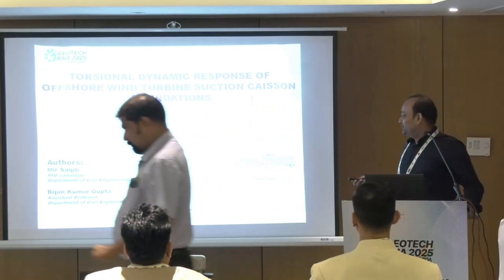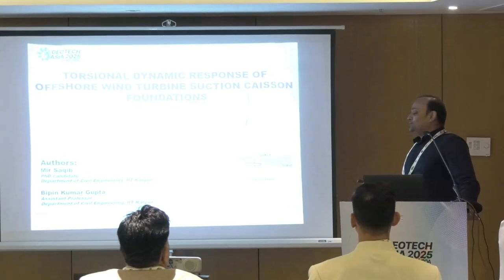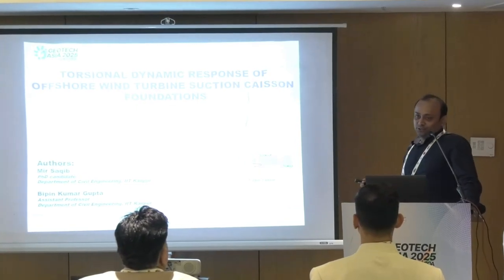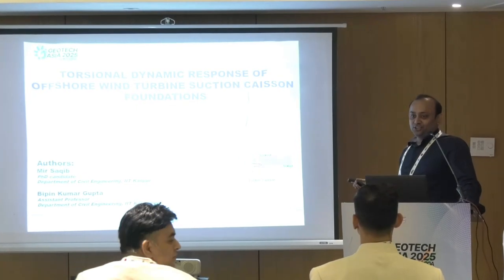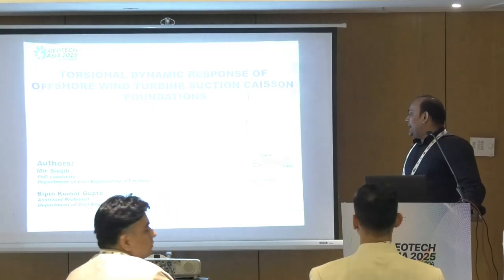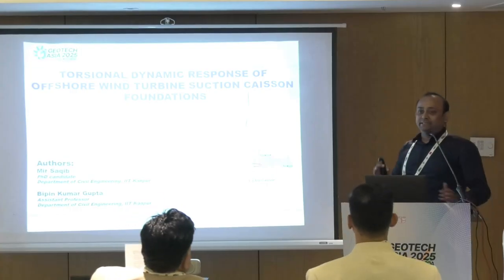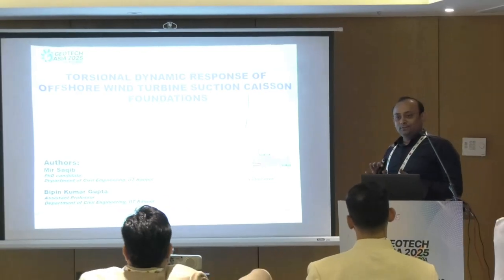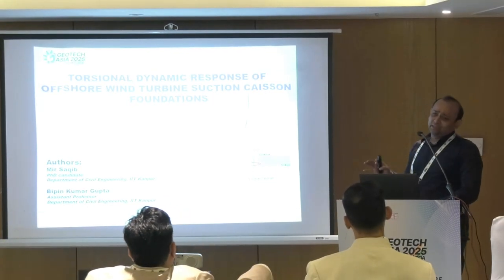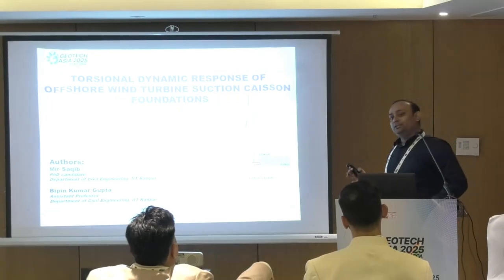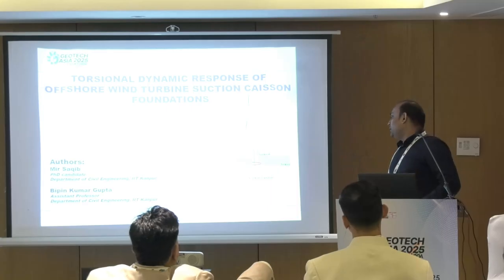In this particular figure, you can clearly see that you have an offshore wind turbine. Recently, a lecture was given on offshore wind turbines. Offshore wind turbines have various types of foundations. One foundation type is the suction caisson, which is basically an inverted bucket. It can have various dimensions and slenderness ratios, which is the ratio of the length and radius of the caisson.